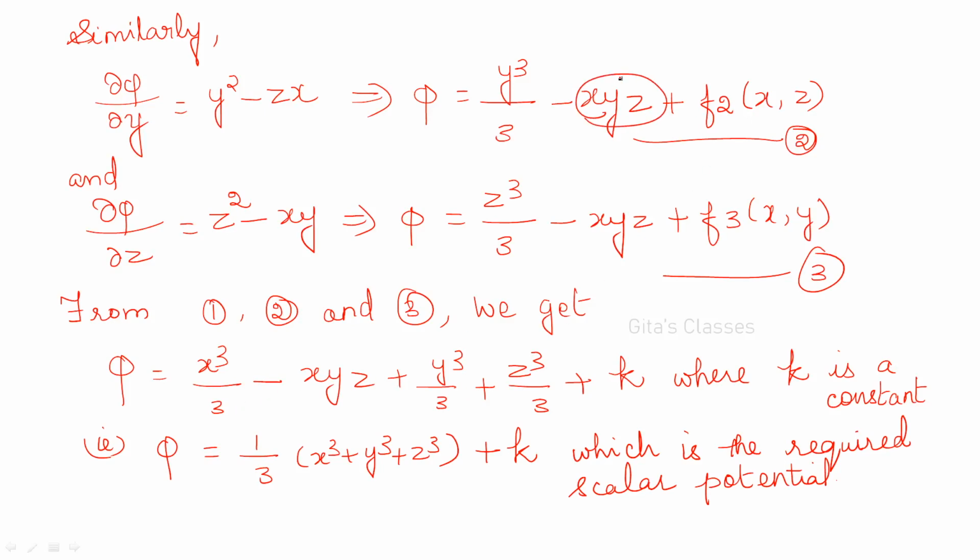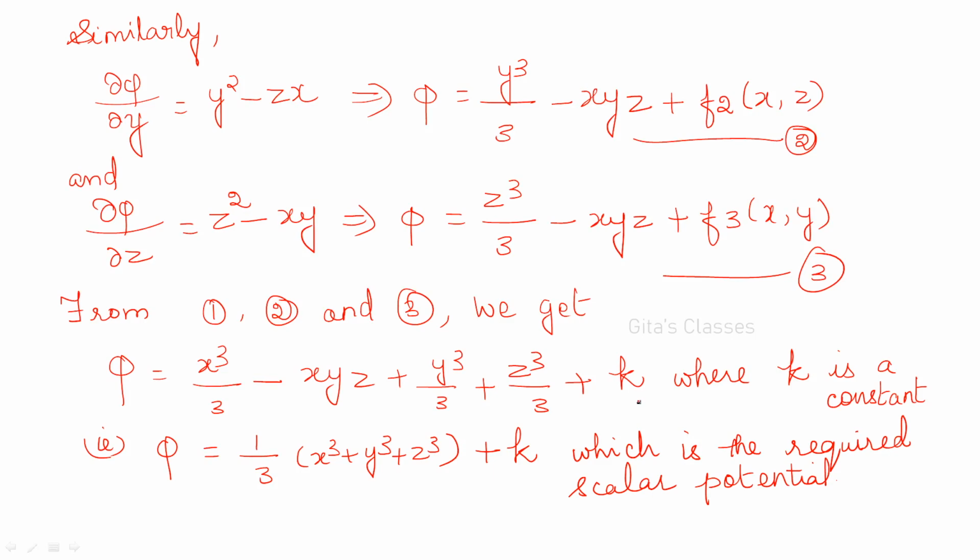This is already there, so I am not writing it again. Similarly, from the third equation, z cube by 3, and minus xyz is already there, so I am not writing it. Plus, here, we have not written the constants from 1, 2, 3. So the combination of all these functions is possible only for a constant k.